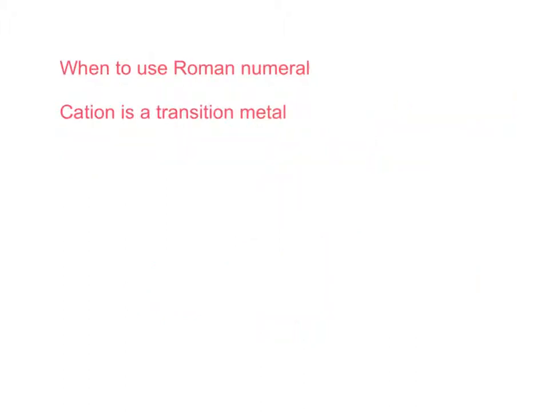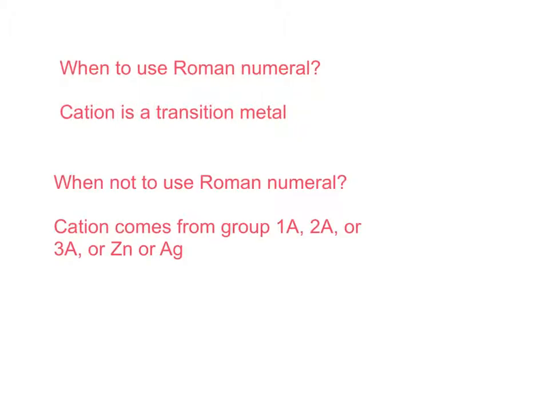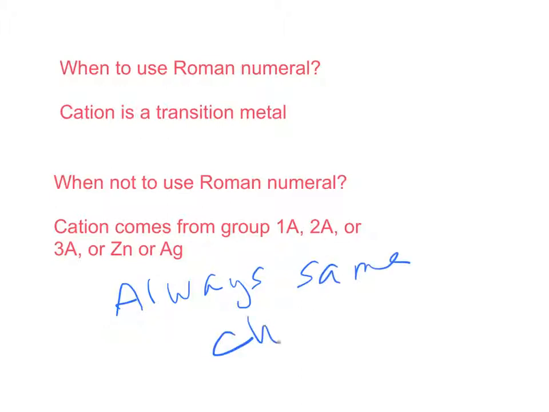When the cation is a transition metal, unless it's silver or zinc. We do not use a Roman numeral if our cation comes from group 1A, 2A, 3A, or if it's zinc or silver. The reason is these cations always have the same charge. And that summarizes our rules for naming ionic compounds.